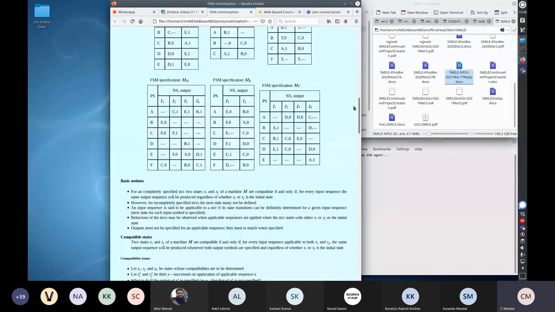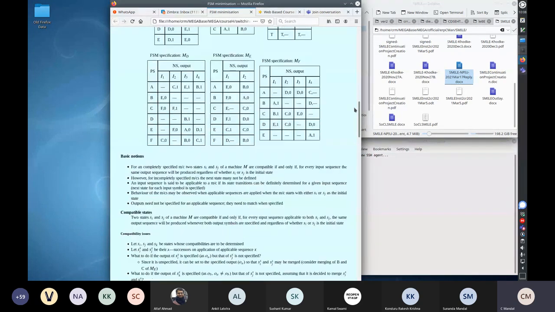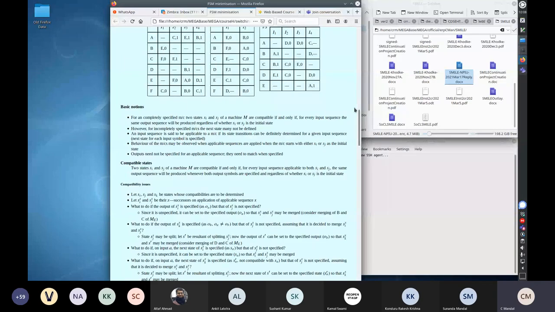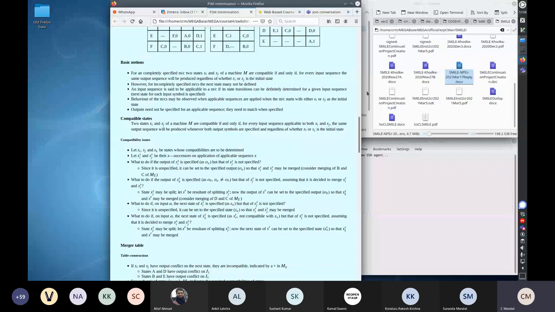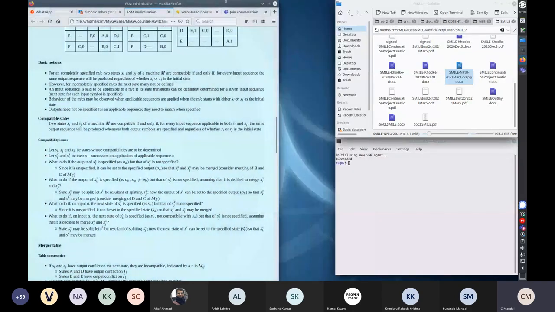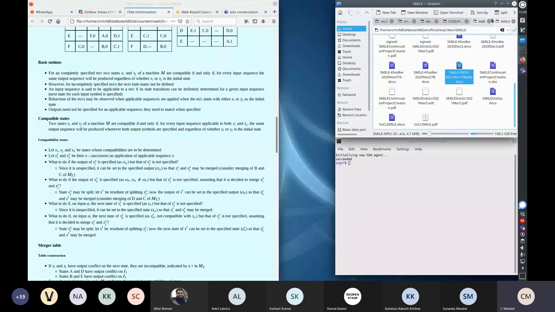Now, there are a few things. It's better to maybe just start with the example.